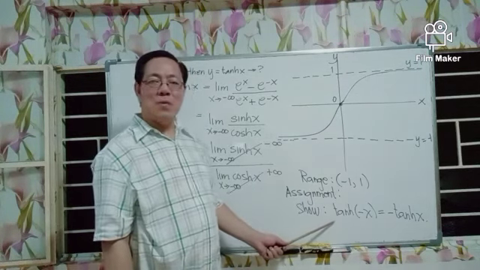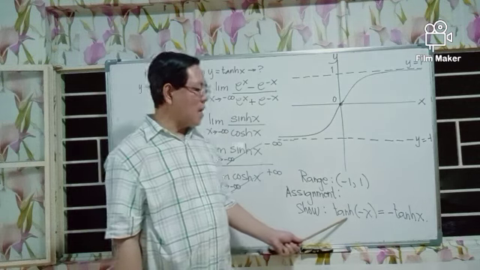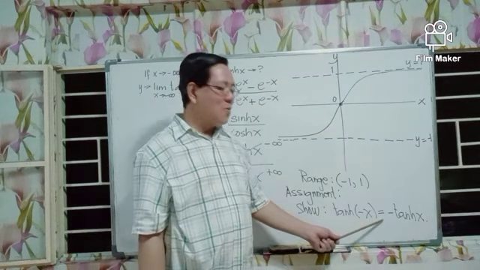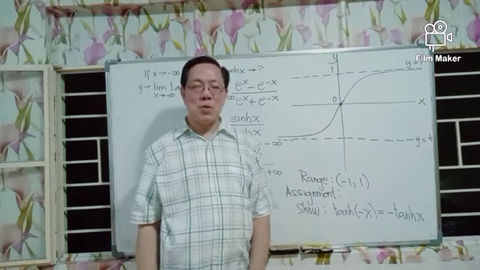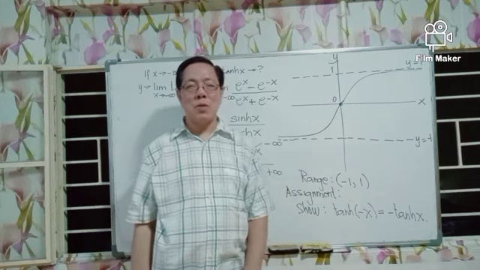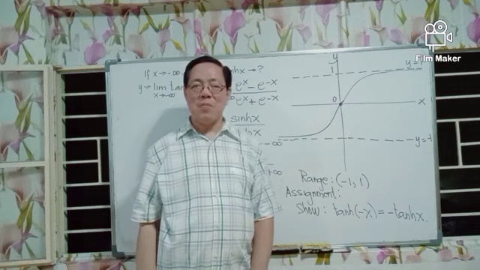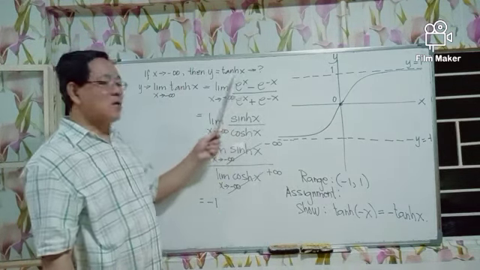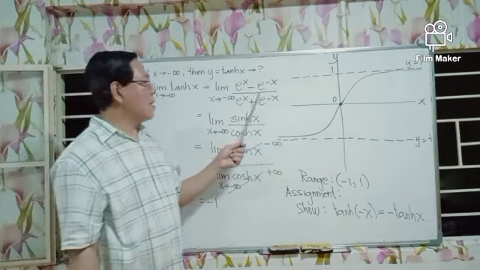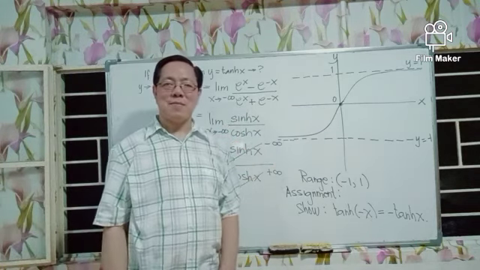Here, you will now show that the hyperbolic tangent of -x is equal to negative of the hyperbolic tangent of x. And to show that, you use the definition of the hyperbolic tangent of x in terms of the exponential functions e to the x and e to the minus x.